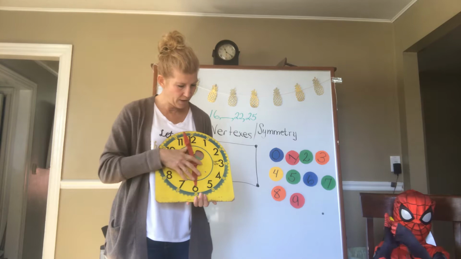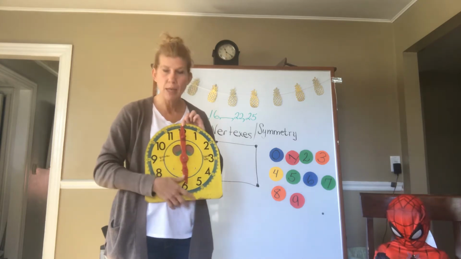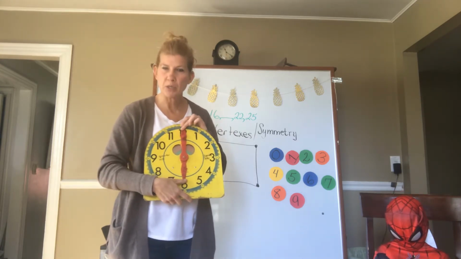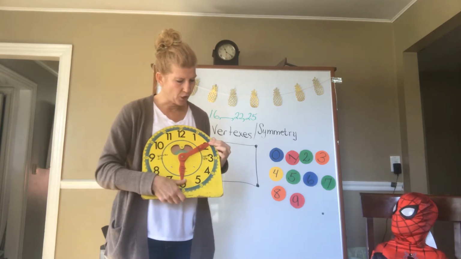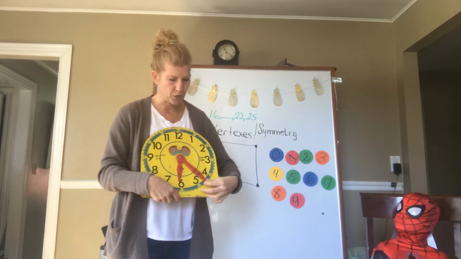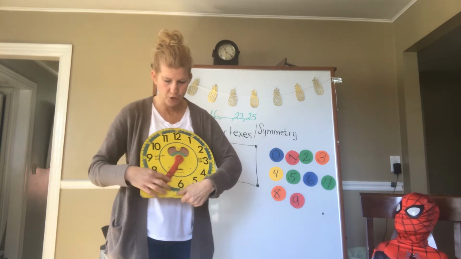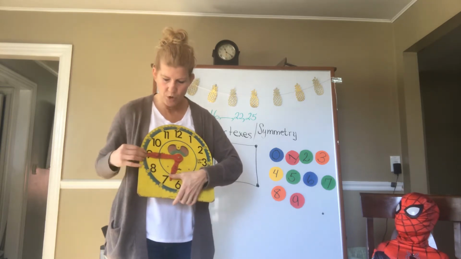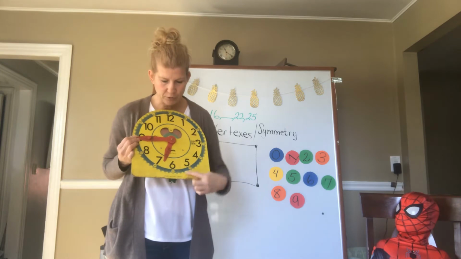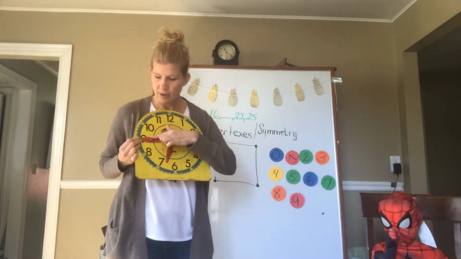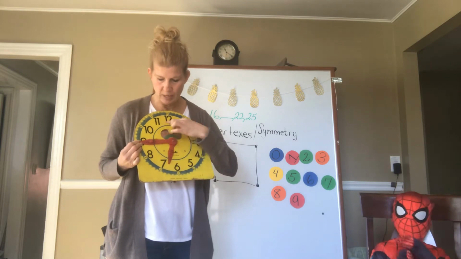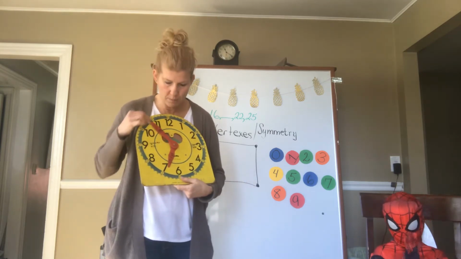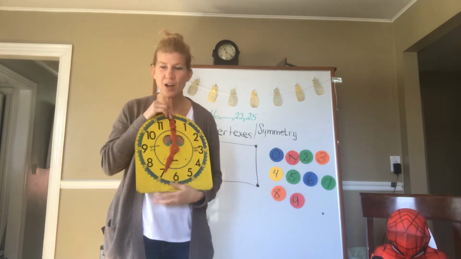Now 45, we'll start here at our top and we'll count football style by fives till we get to 45. 5, 10, 15, 20, 25, 30, 35, 40, 45. And here you see we have 6:45 or a quarter till 7 because it is almost 7 o'clock.